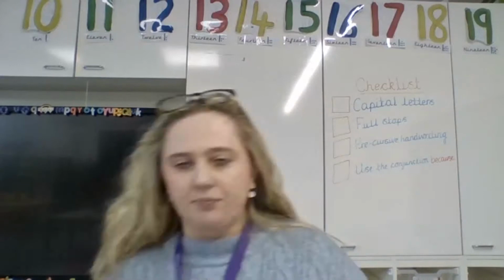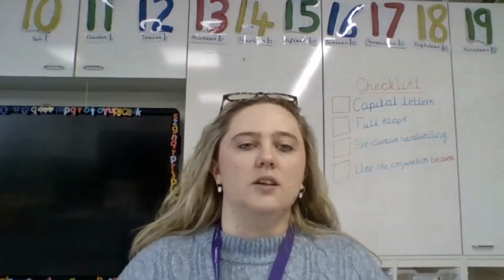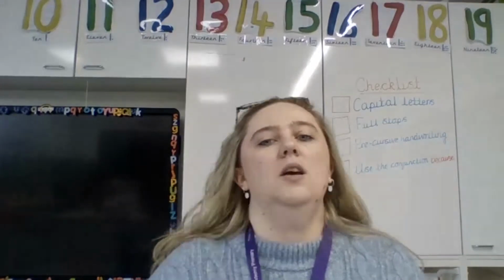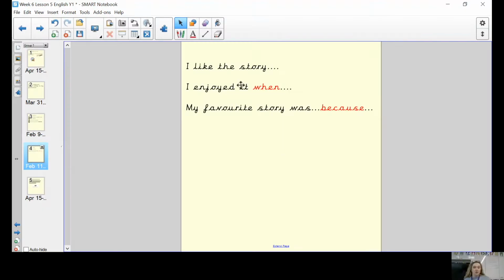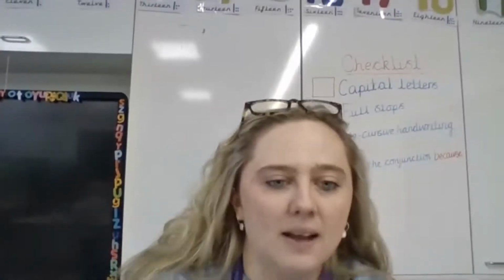Okay, so I'm going to use one of these sentence starters on my slides, and you can use these too to start my sentence. I think I'm going to say my favourite story was. Okay, so let me bring you a bit closer. Whoop. My favourite story was.